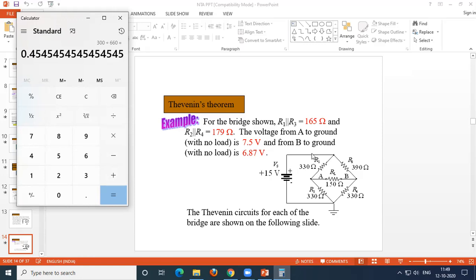This value is multiplied with the input voltage. So here the value is about 6.81, or here 6.87.